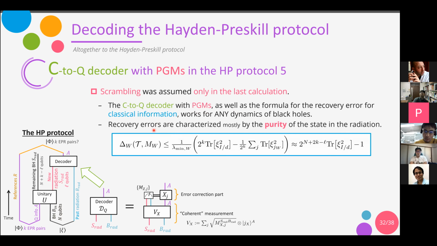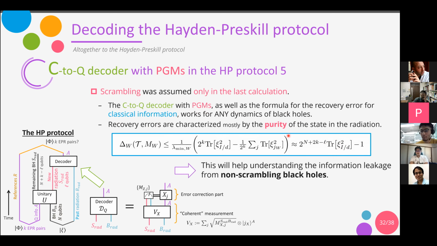And then we argued that the recovery errors are mostly characterized by the purity of the output state of the channel when the input is a completely mixed state. So we believe that these two things can be applied to different scenarios of black holes or noisy quantum channels. So this is one comment.